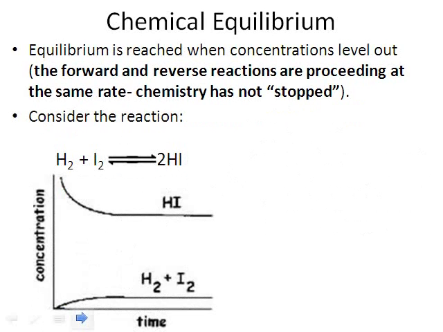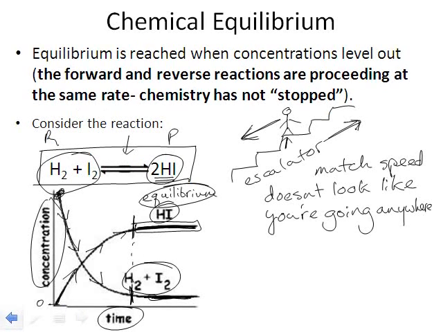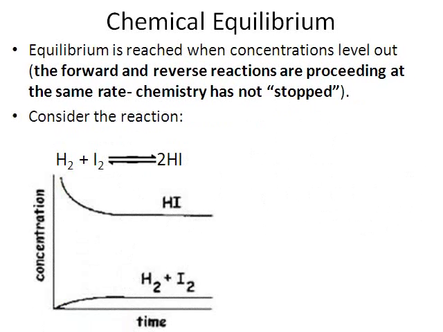Now, looking at this in a slightly different direction. In our previous hill diagram, we started with H2 and I2, and we started with no HI. Here, we start with HI, and over time, it gets used up and used up until we start to level out.